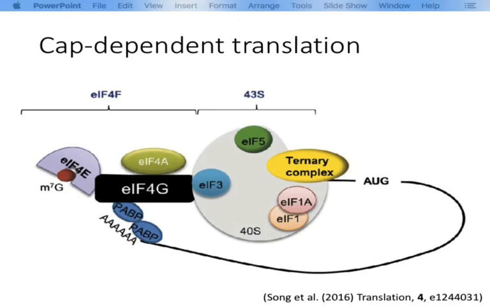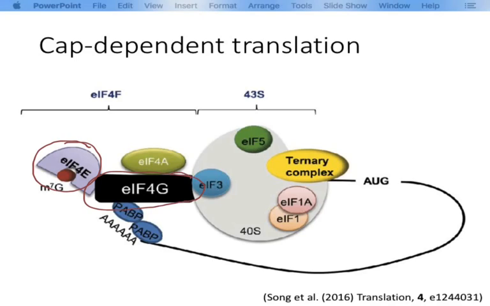So if we take a look at what we've got up here, recall what makes up EIF4F. What are the components that make up EIF4F? So EIF4E, this is kind of the major one that they talk about in the paper. What else? 4G.